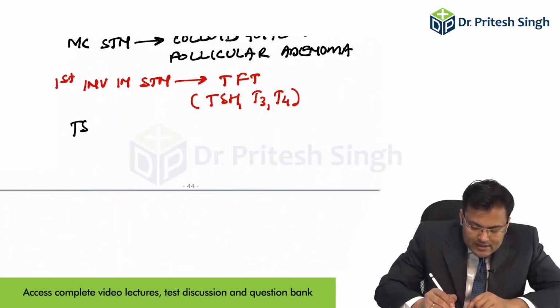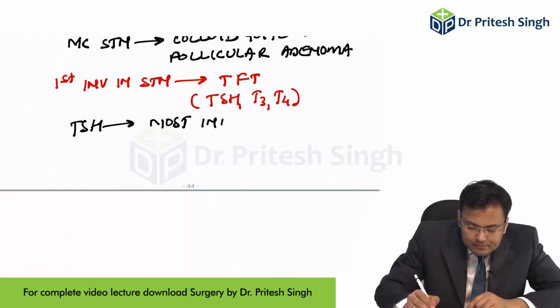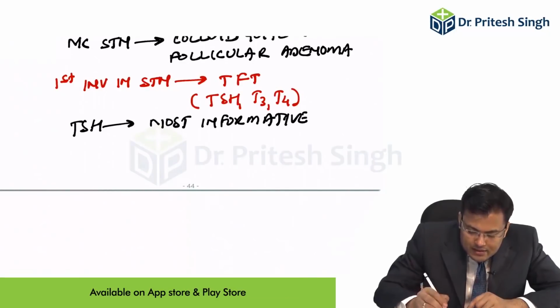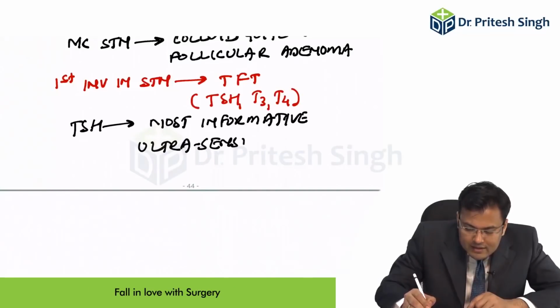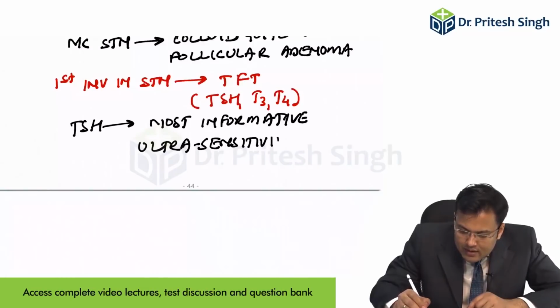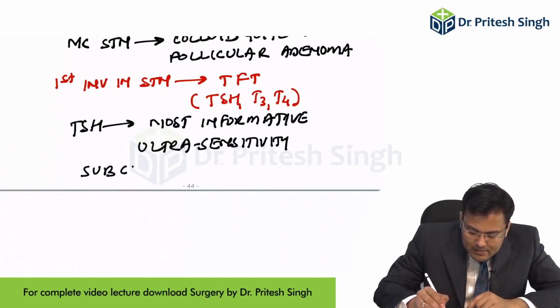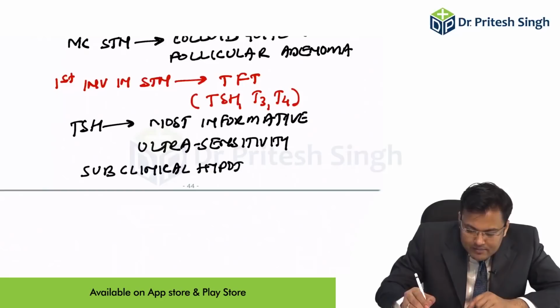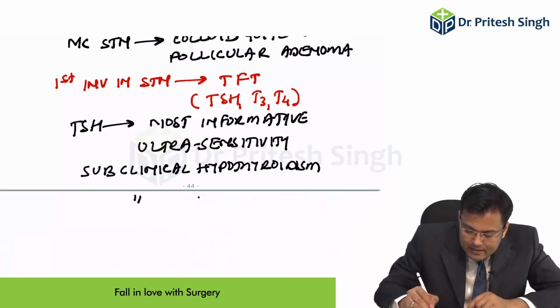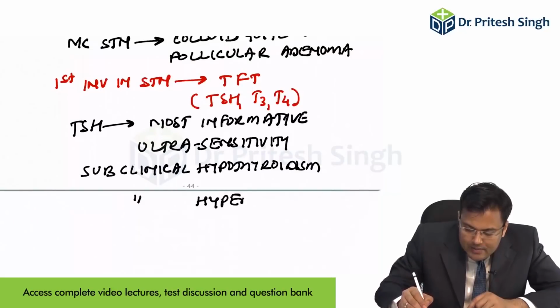And that is TSH. Why? Because of ultra sensitivity. Because of ultra sensitivity, it is most informative. It can detect subclinical hypothyroidism and subclinical hyperthyroidism.